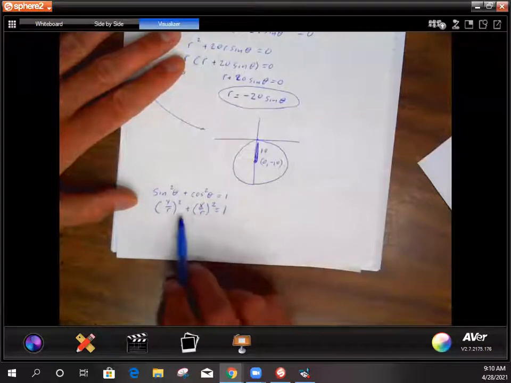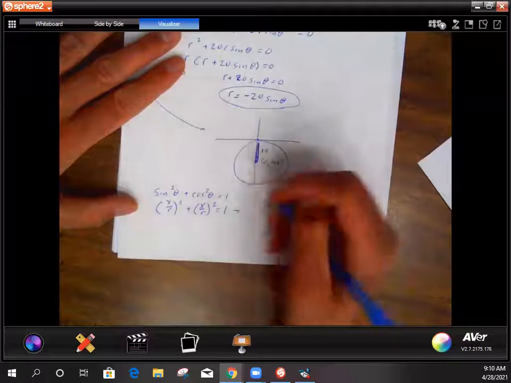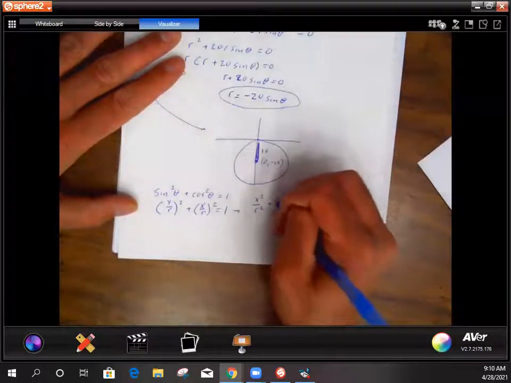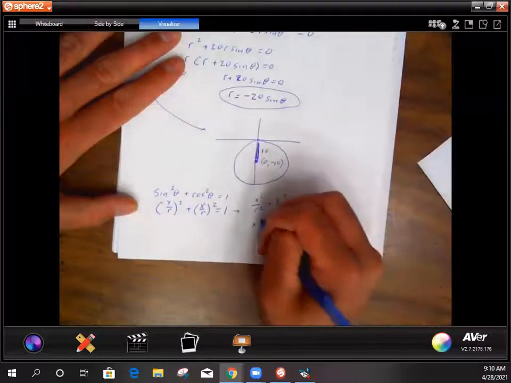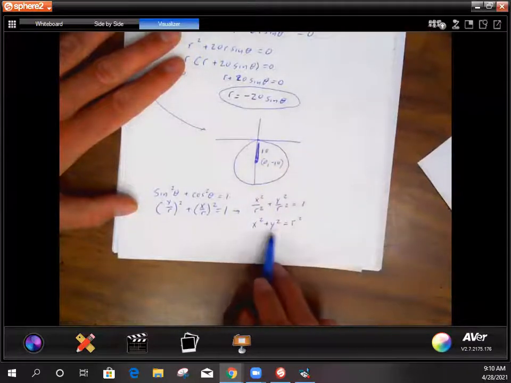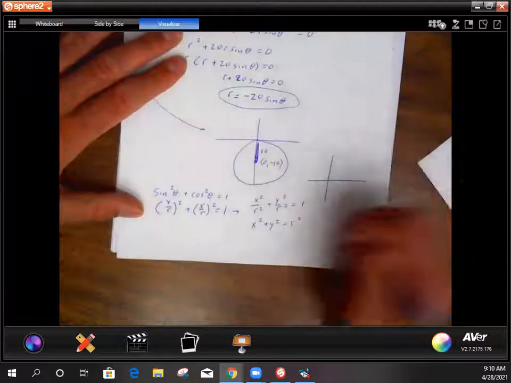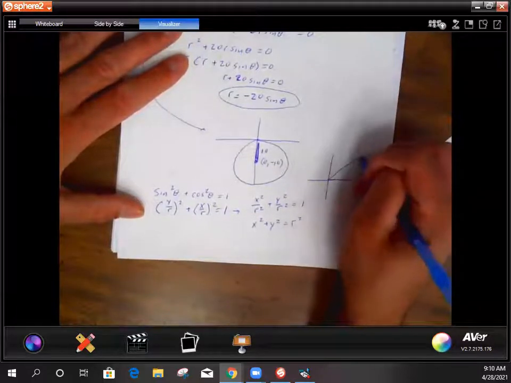If you now take this and square everything, you get x squared over r squared plus y squared over r squared is equal to 1. And then multiply everything by r squared, and we get x squared plus y squared equals r squared, which if we actually use the definition of x, y, and r, remember x, y, and r come from an angle in standard position.